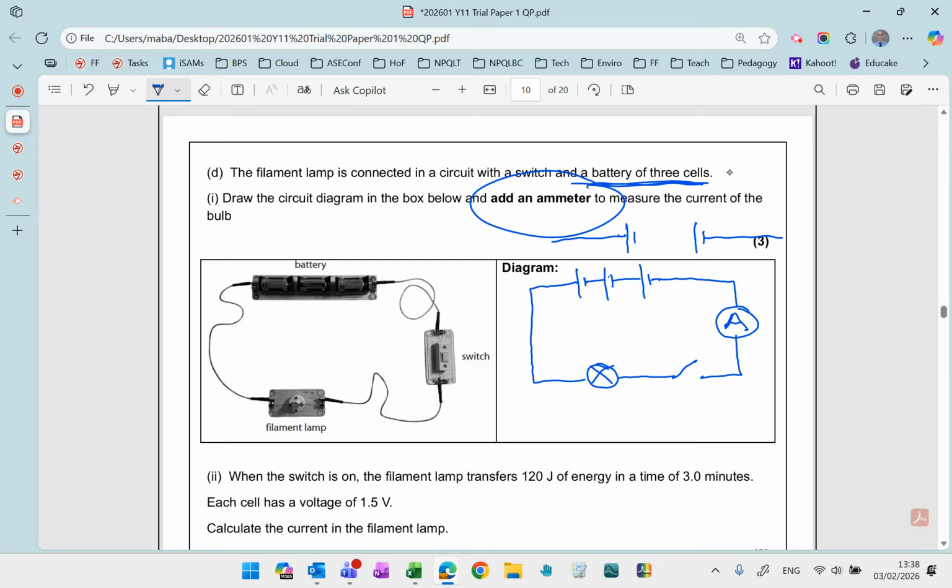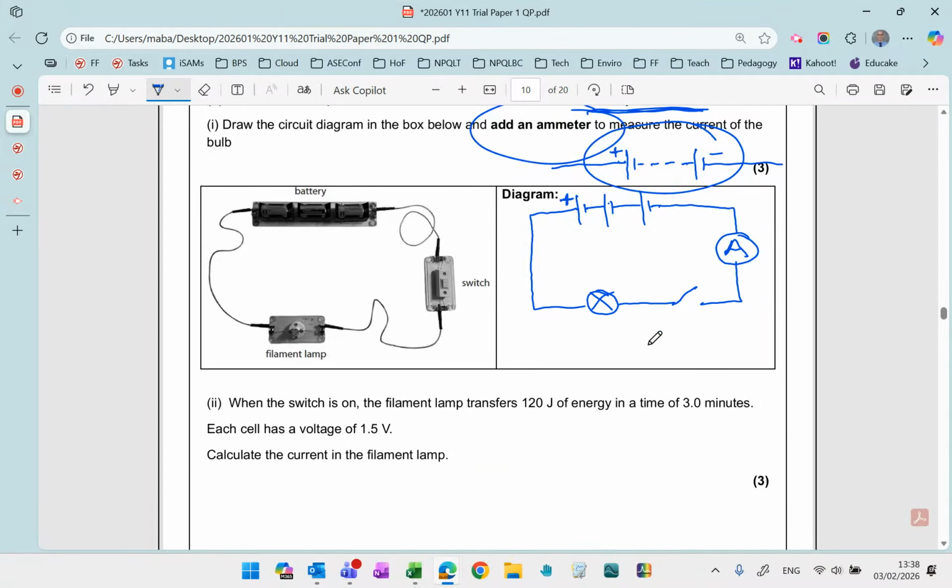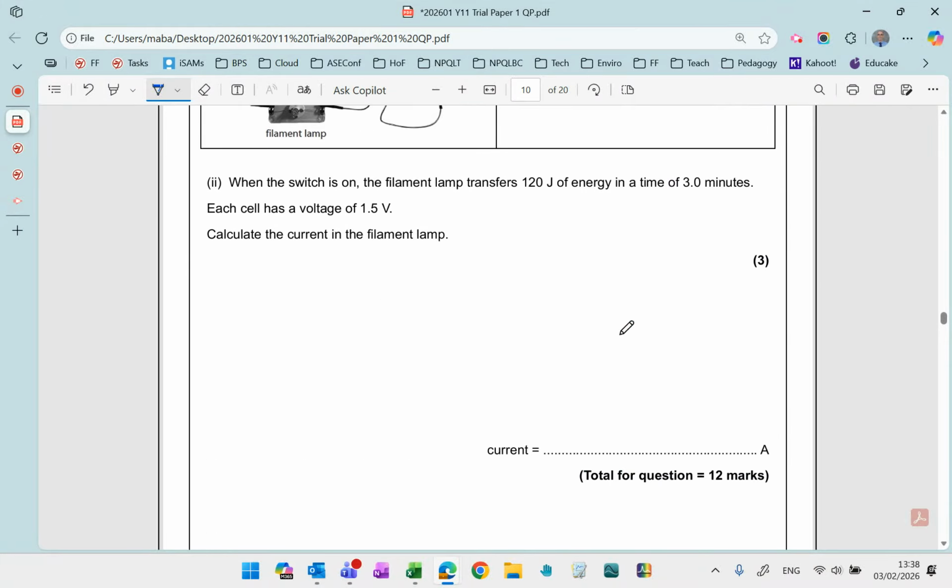Well, I'm too lazy to draw the other 98 cells, so you put a dotted line in the middle like that. So you've got 2 options there. You could either draw a battery, and this is obviously the plus side of the battery, and this is the minus side, or you could draw the 3 cells as individual cells. So either option's okay, but it's got to be one or the other.